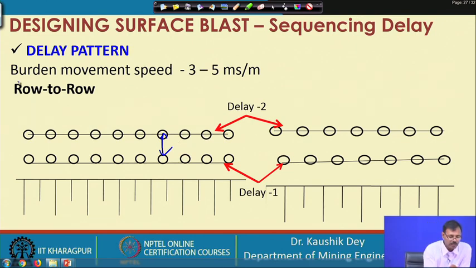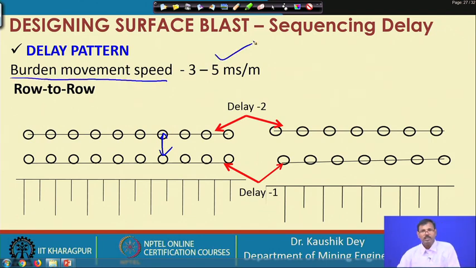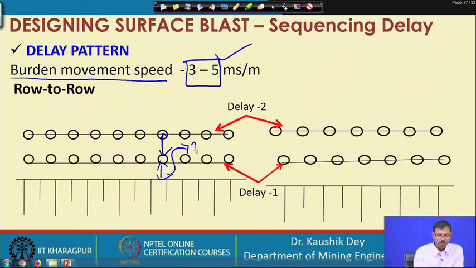We have to understand the burden movement speed. Through high speed photography, it is more or less established that the burden movement speed varies between 3 to 5 milliseconds per meter, so if you are using a 4 meter burden, a 20 to 25 millisecond delay may be sufficient for assigning the first row to the second row.